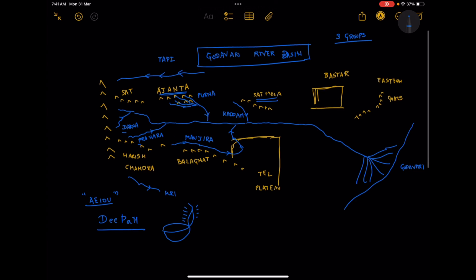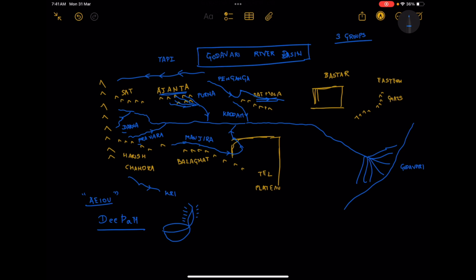Now let's come to the second set of left-hand tributaries. The first one, starting from the western side, is Penganga. You can clearly see that the Penganga system is divided from the Kaddam because of the presence of the Satmala Hills. So Penganga is right here.